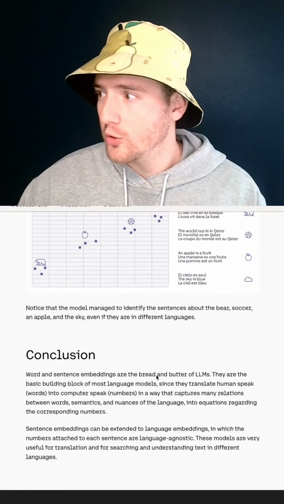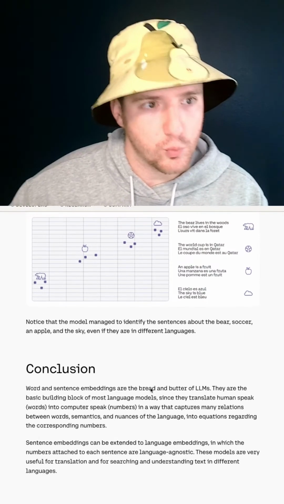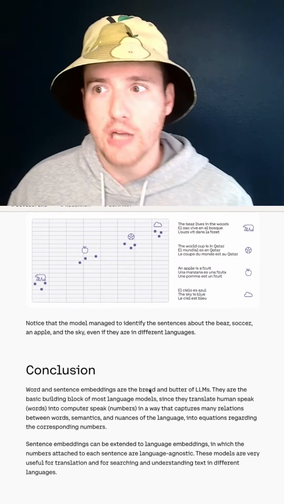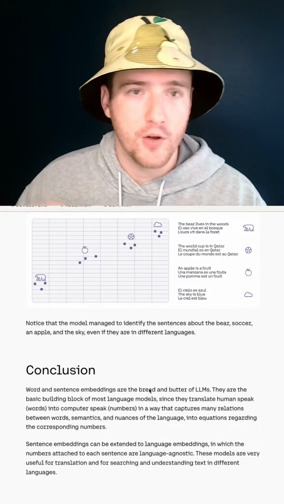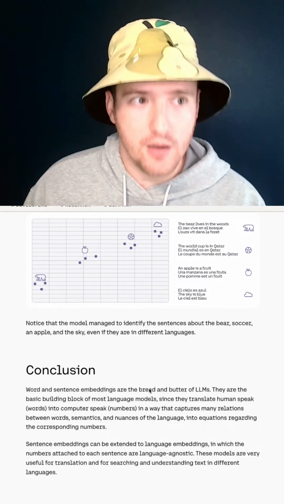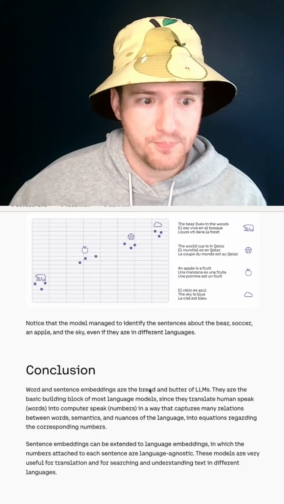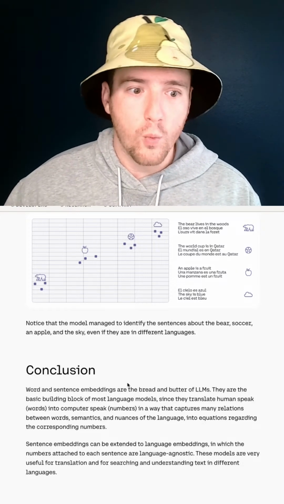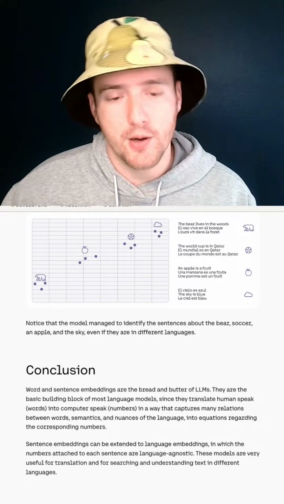So what is our conclusion? What are we coming to find out with this? What have we learned in the first chapter of Cohere's LLM University about sentence and word embeddings? The conclusion: word and sentence embeddings are the bread and butter of LLMs.